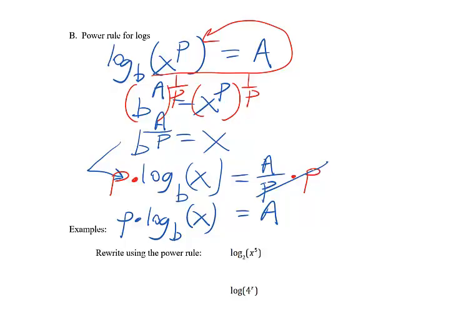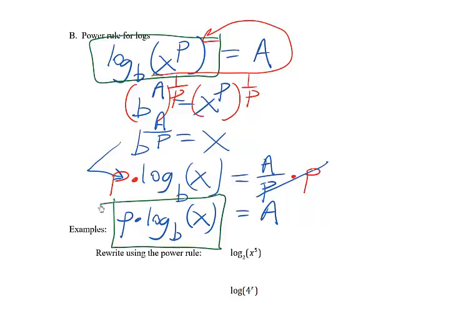We'll take a look at the top line and the bottom line. The top line says this is equal to a. The bottom line says this is equal to a. Well, if they're both equal to a, then they are equal to each other. And that's what the power rule for logs says.